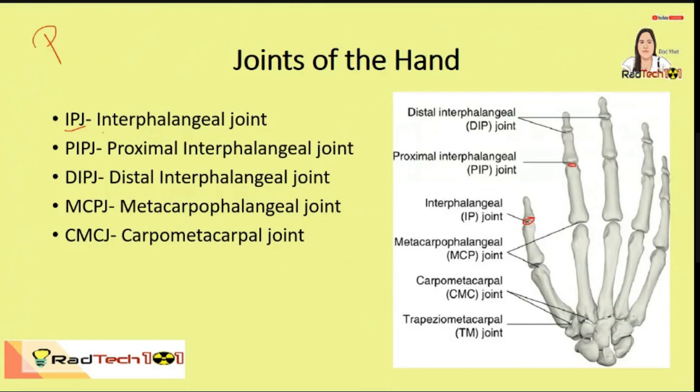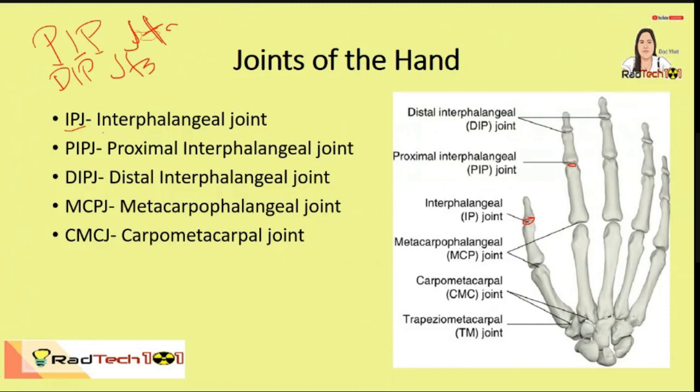Specifically, they can be termed as PIP joints. So minsan, if you're going to listen to lectures, to reviews, PIP joints. We have the DIP joints. So meaning that is proximal interphalangeal joint. Ito siya.